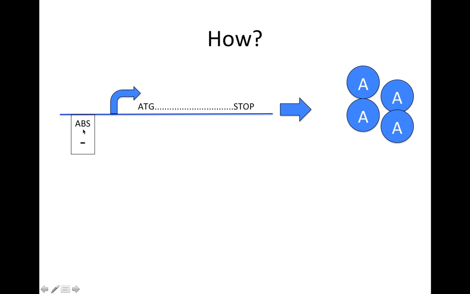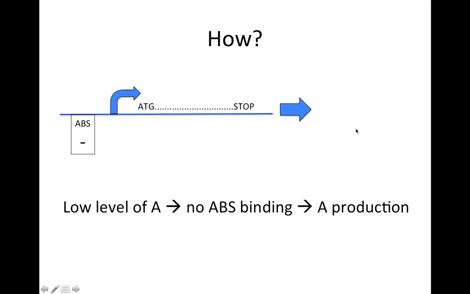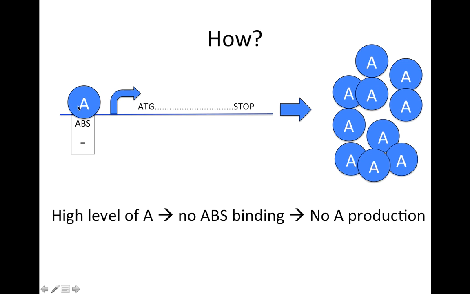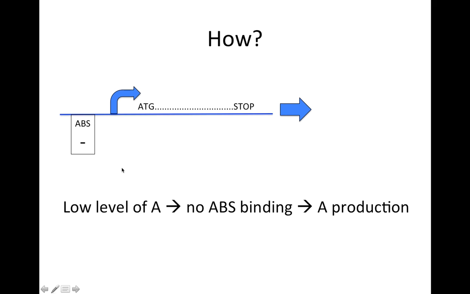So one common way to accomplish this is to have a binding site for the same protein, a negative regulatory binding site. So this means it's regulating itself, right? If we're producing protein, it will come and bind and repress production of protein. So we can start out with no A, a low level of A, so nothing's binding to the ABS.